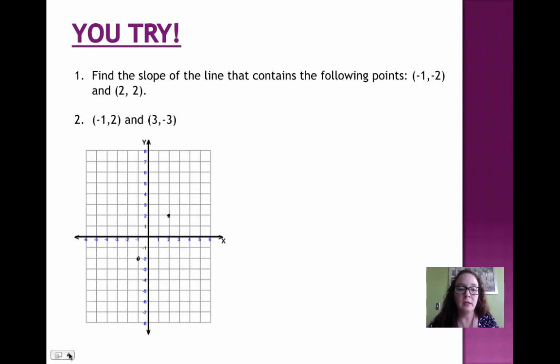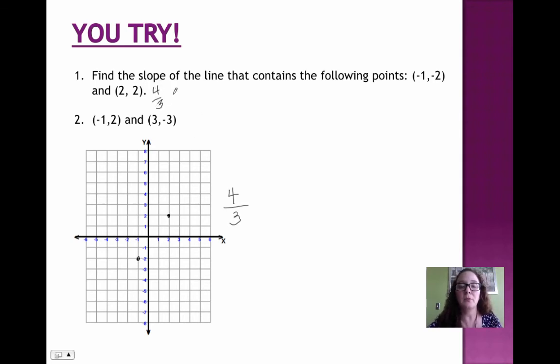So here is the rise over the run, which is 1, 2, 3, 4. So our change vertically is 4, and our change horizontally is 1, 2, 3. Okay. So for this one, our change is 4. Our slope is 4 over 3.